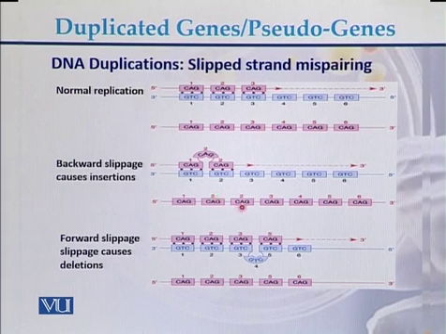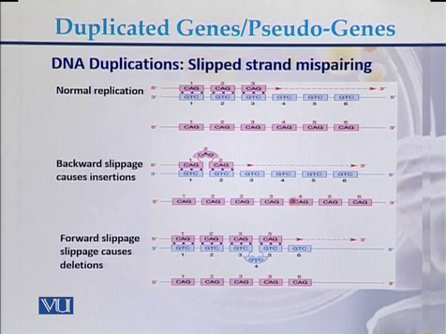So this is a backward slippage that causes DNA duplication, while the second phenomenon is called forward slippage, which causes deletion. Here we can see that as a result of forward slippage, the sequence of the DNA has been deleted between 3 and 5.